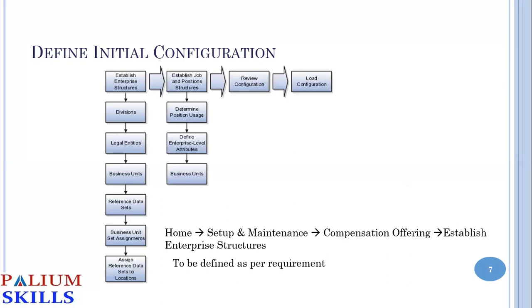The executive job can have a vice president designation, a senior vice president, or a general manager designation, depending on the structure of the company. You can have certain attributes defined for the position or the job during the questionnaire that Oracle takes you through.